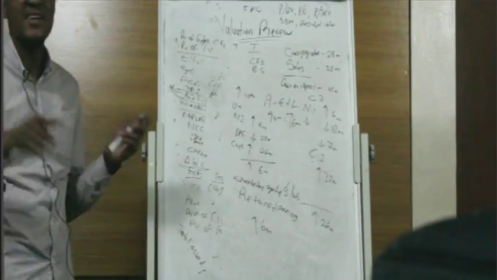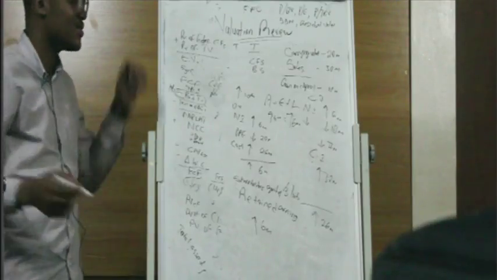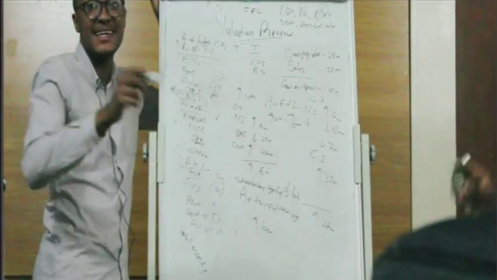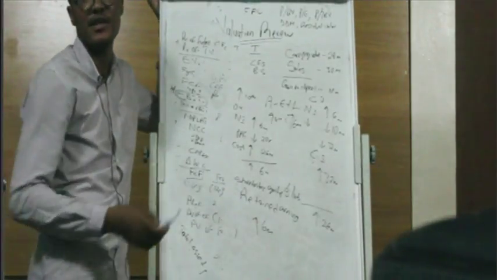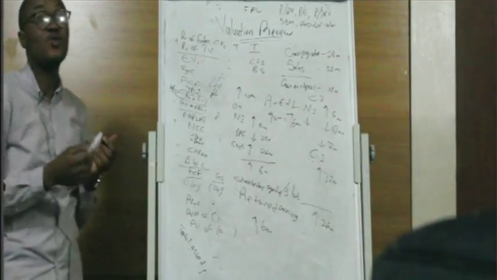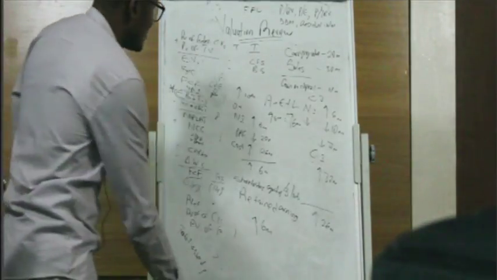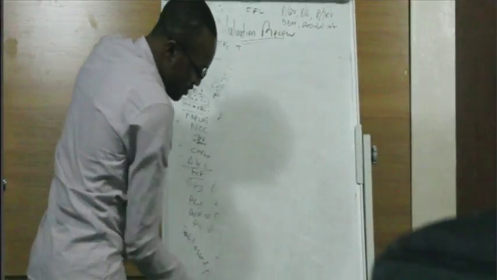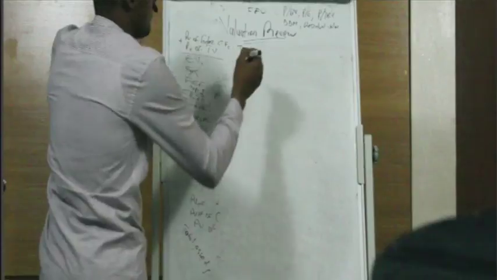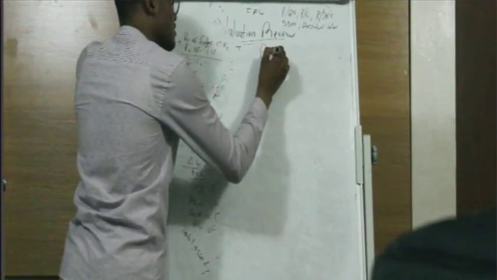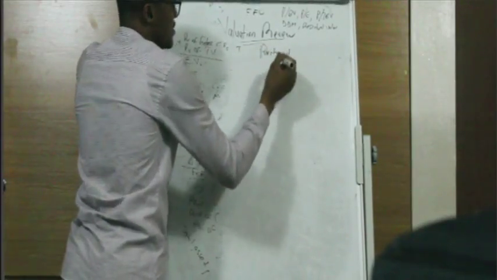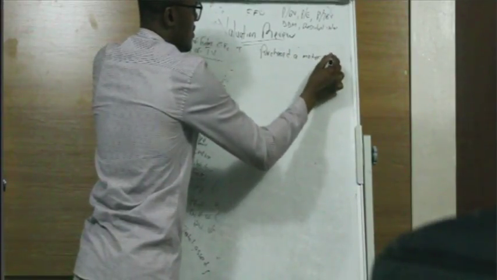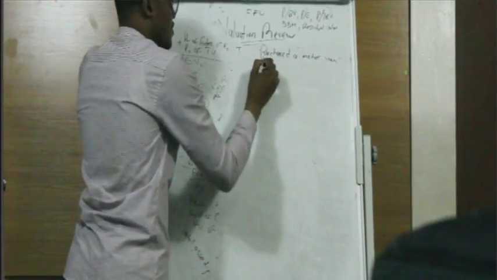Now they could tell you that they bought an asset by taking debt. What is the effect on the key financial statements? Who wants to try? Let me give an analogy. Someone should come and walk me through it. Purchased a motor van for 5,000 naira.